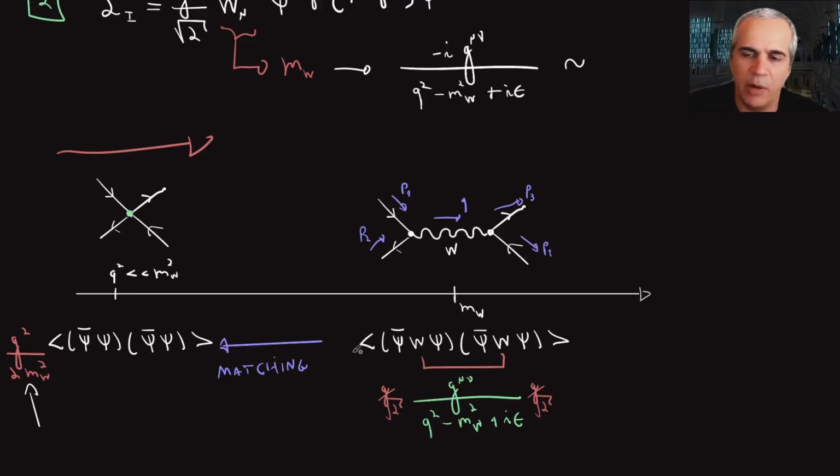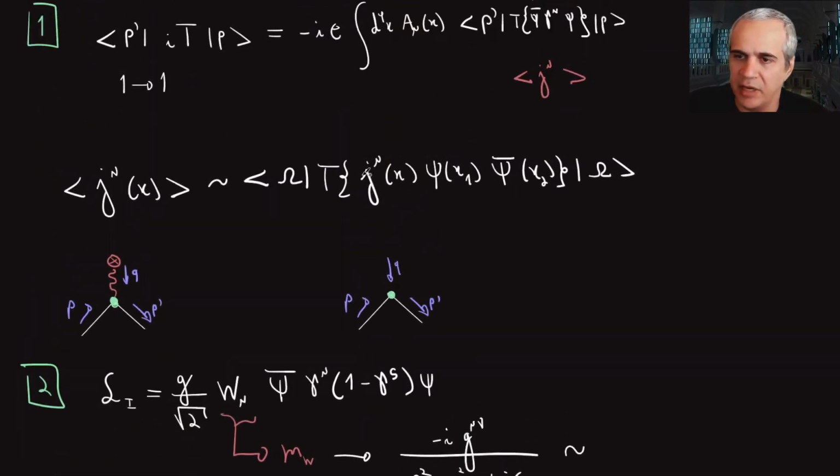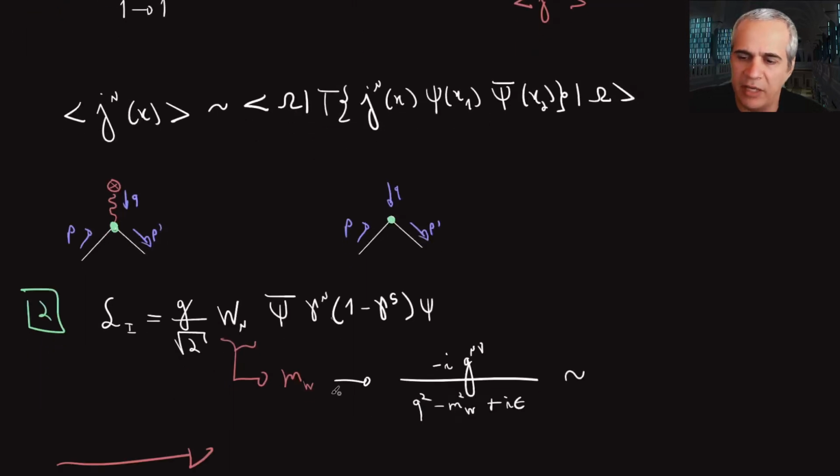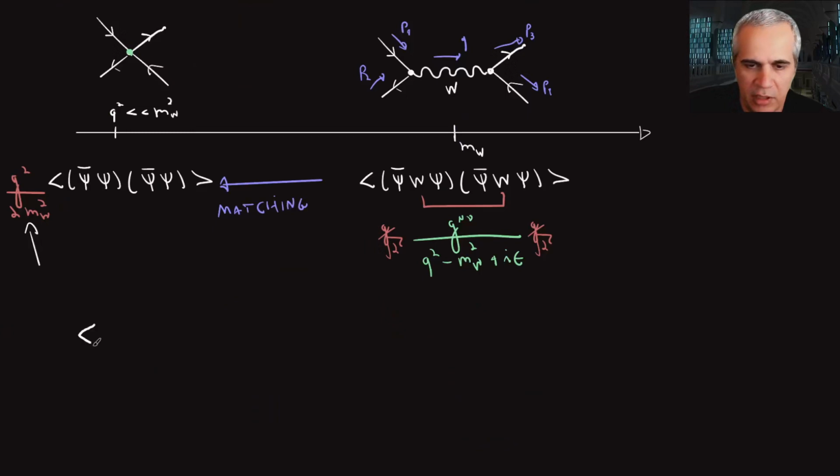And in a similar way to what happened with the current here, I will end up calculating matrix elements that involve this operator, and the fields in the Lagrangian, something like this: psi bar P2, psi P3, psi bar P4.